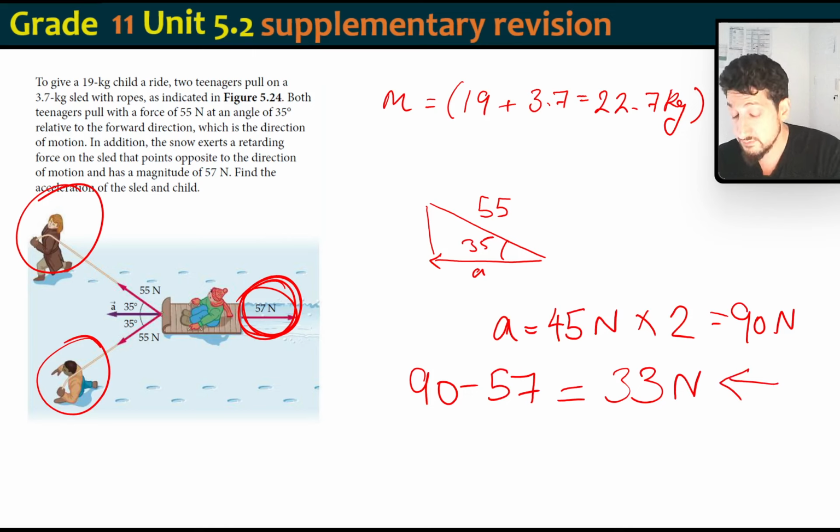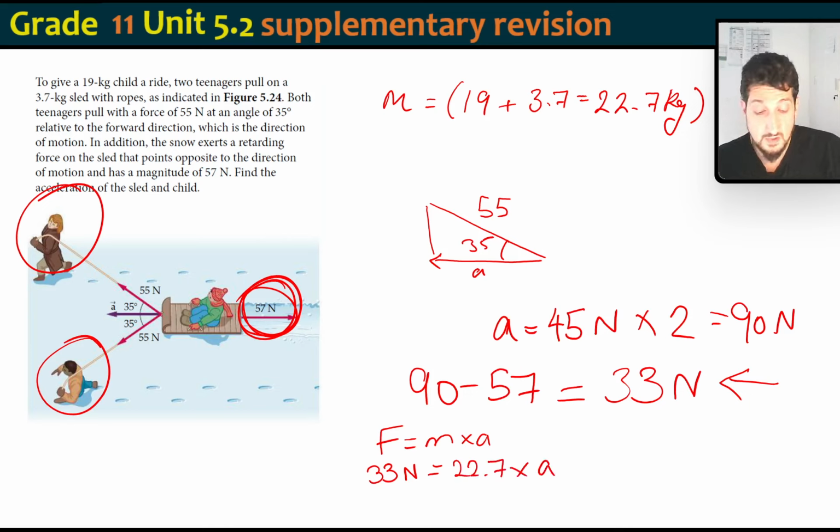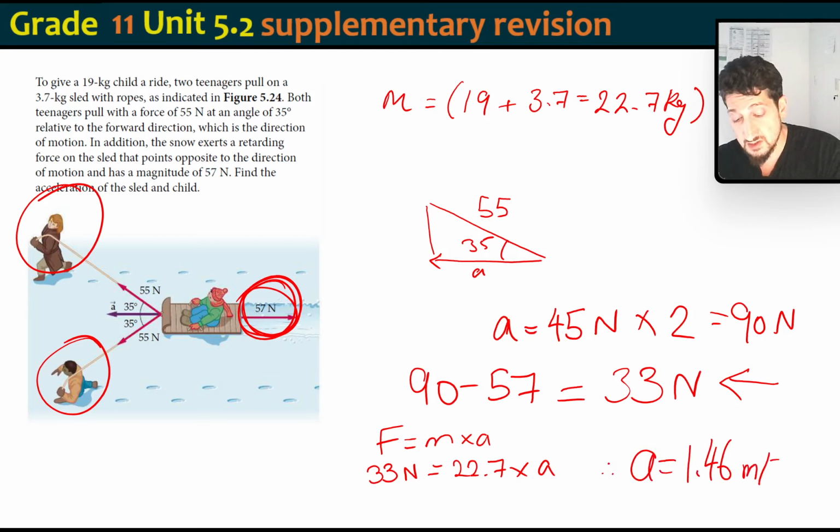Are we done? No. Again, we have to go back to force equals mass times acceleration. We have 33 newtons equal to 22.7 multiplied by the acceleration. The last bit is dividing by 22.7, which gives me the acceleration. Therefore, the acceleration is equal to 1.46 meters per second squared.